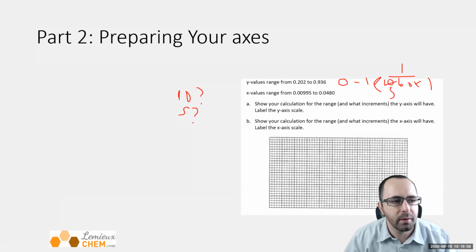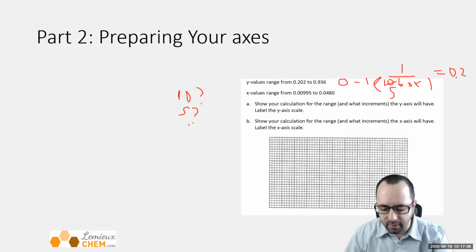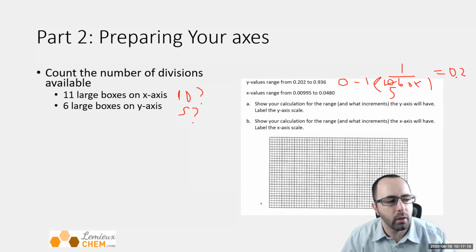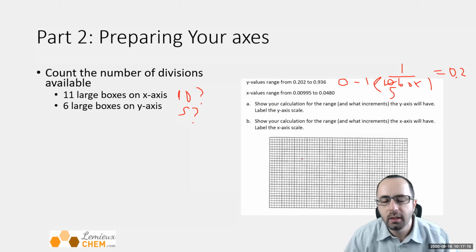If we divide by 5 boxes, 1 over 5 boxes is going to be 0.2. Now notice I did 5 boxes here, not 6, even though we had 6 available on the y-axis. It's because dividing by 6 is not going to give me very nice numbers. But dividing by 5 and 10 and round numbers like that usually gives you nice and easy numbers.